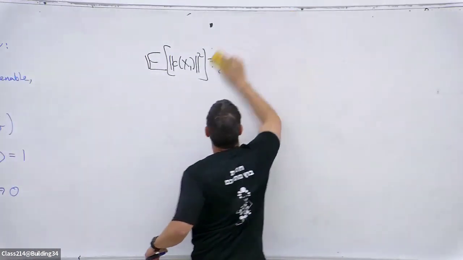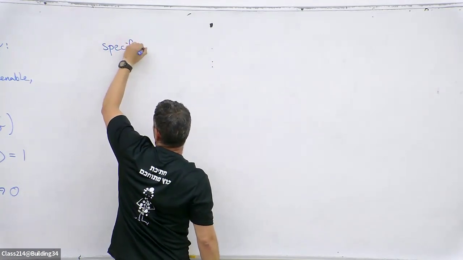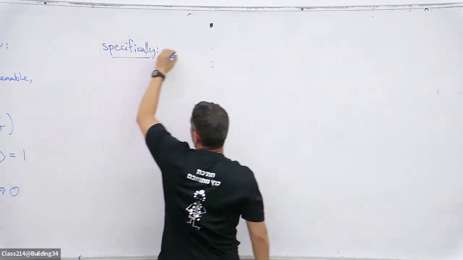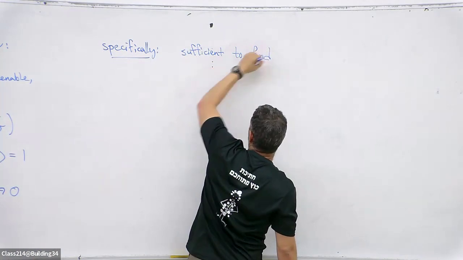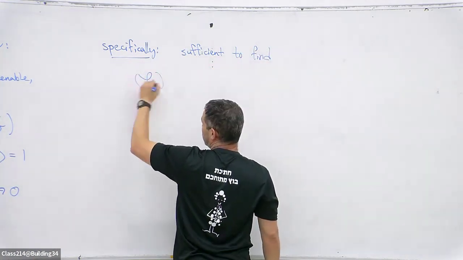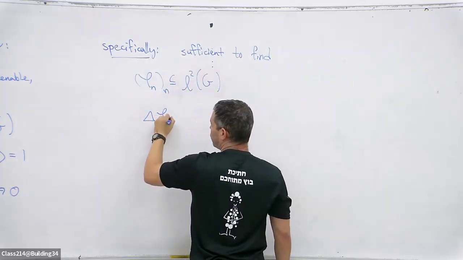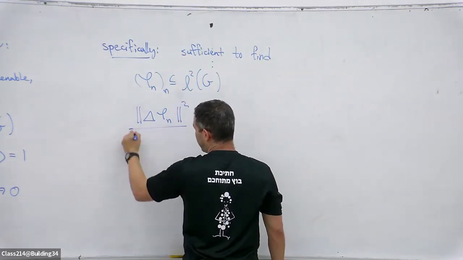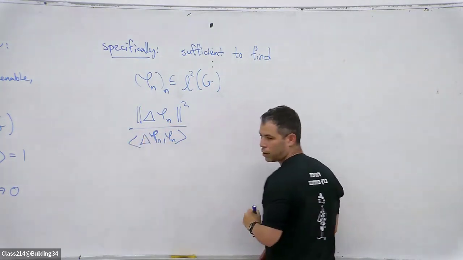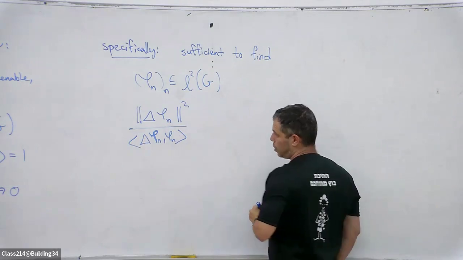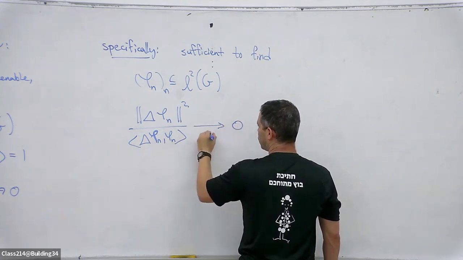Specifically, it's sufficient to find some functions phi n in L2 such that if I take the Laplacian of phi n norm squared divided by the Laplacian of phi n, then this thing converges to 0 as n goes to infinity.